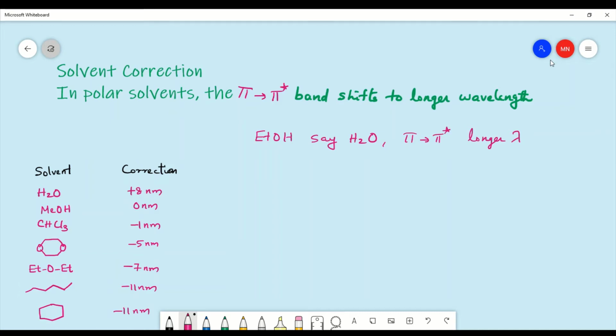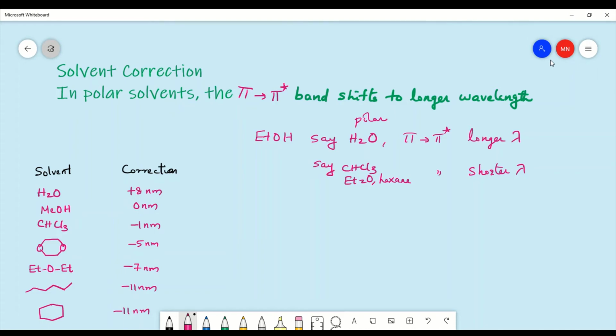Now if you are recording in a less polar solvent, say chloroform or diethyl ether or hexane, the same band was shifted to a shorter wavelength. So polarity has an influence on the shift.